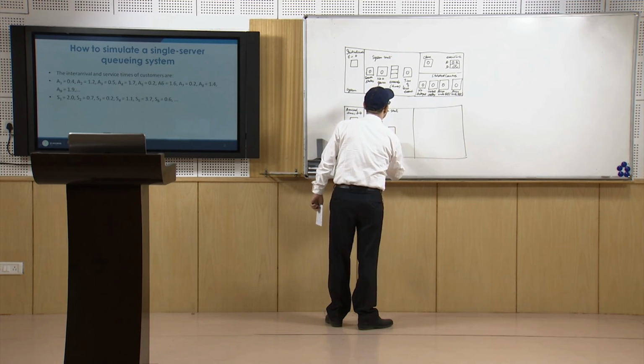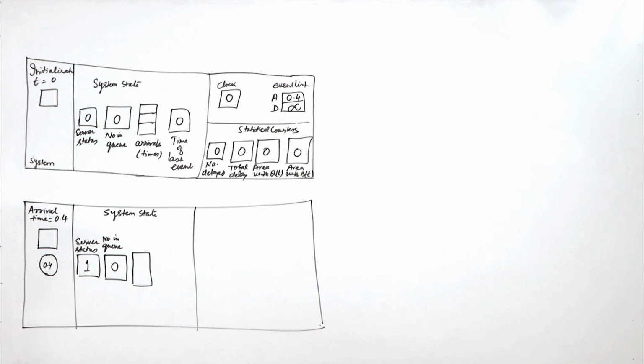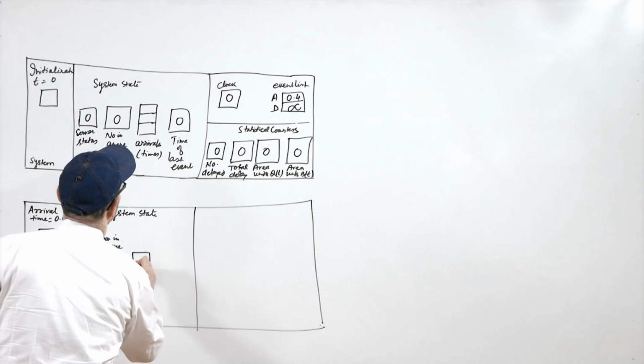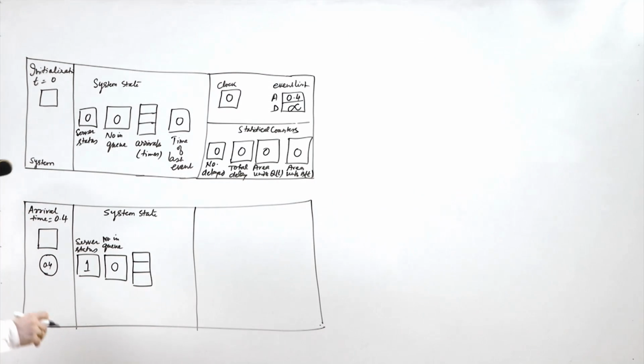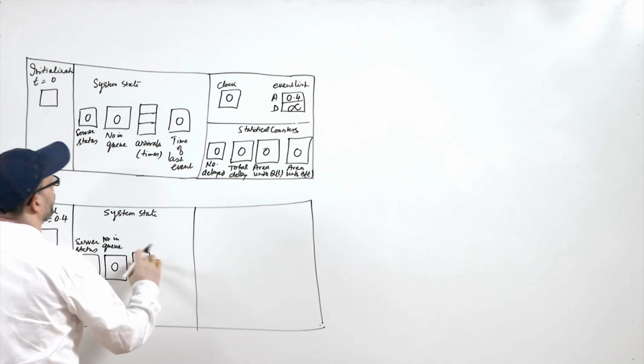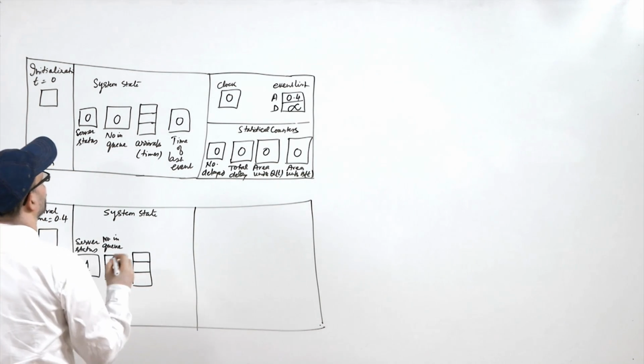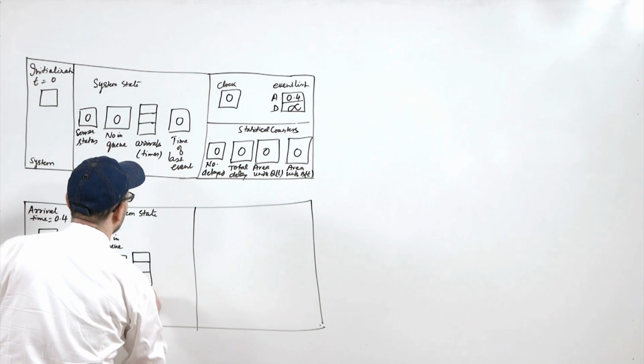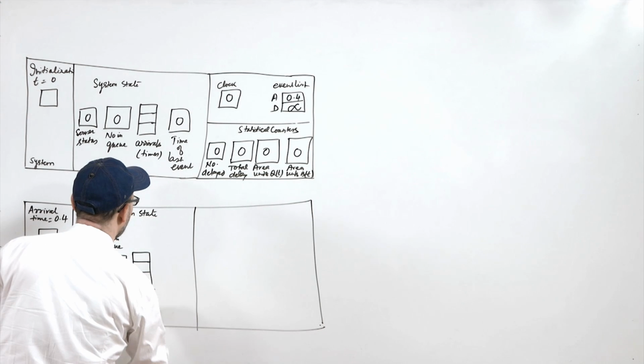The times of arrival are represented by an array, because you will have a number of customers coming.